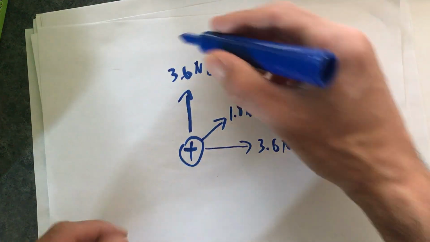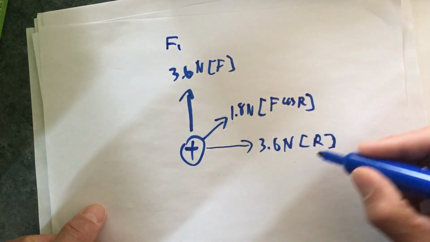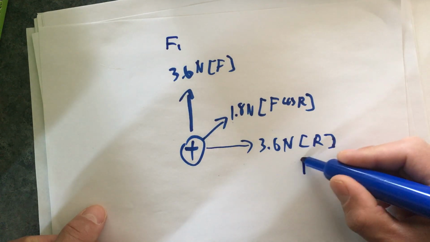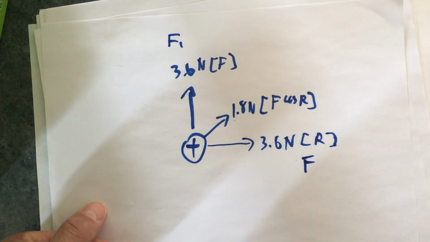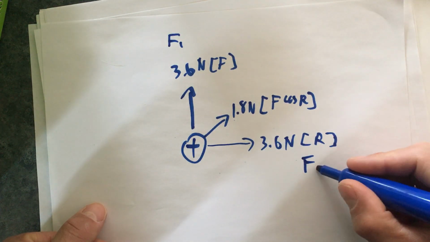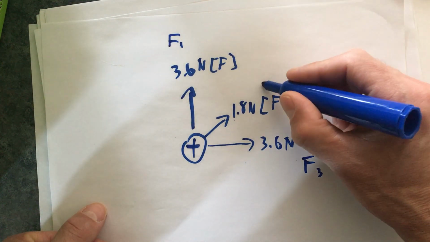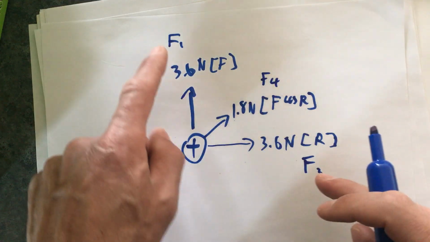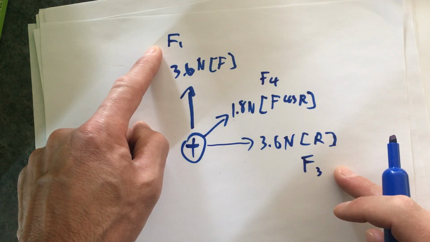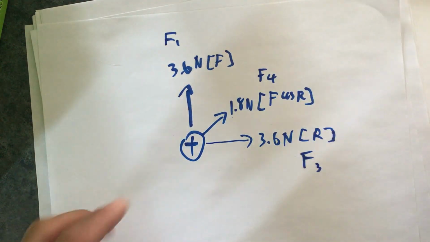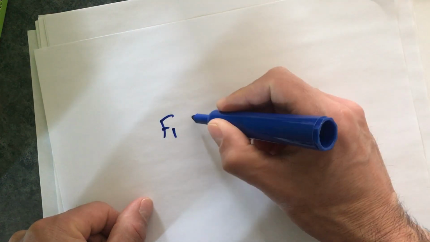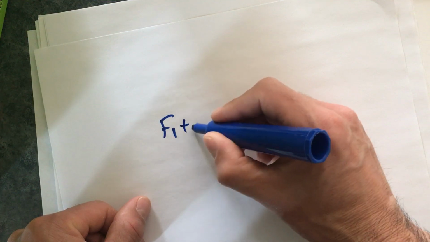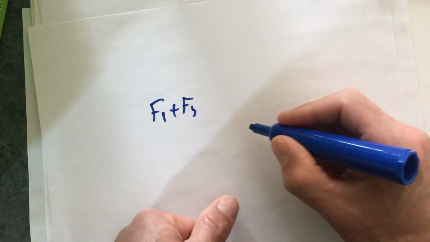So when I add these vectors, remember this is force 1, that's force 3, and this one is force 4. I'm going to add force 1 to force 3 first, and then I'm going to add the result to force 4. So, force 1 plus force 3.